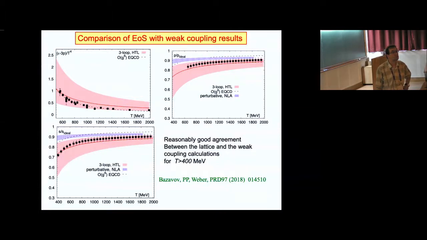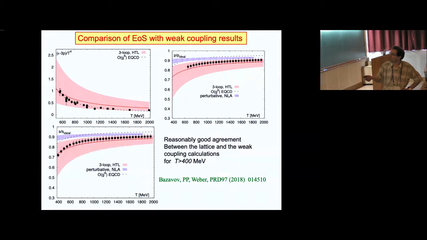Do you think that if you go to higher loops, that gap will go away for the hard thermal loop calculation? Yeah, ideally. First of all, one needs a realistic uncertainty of what the error is. Because as I said, the g to the sixth term, which is non-perturbative, was essentially just guessed, so it was not calculated.